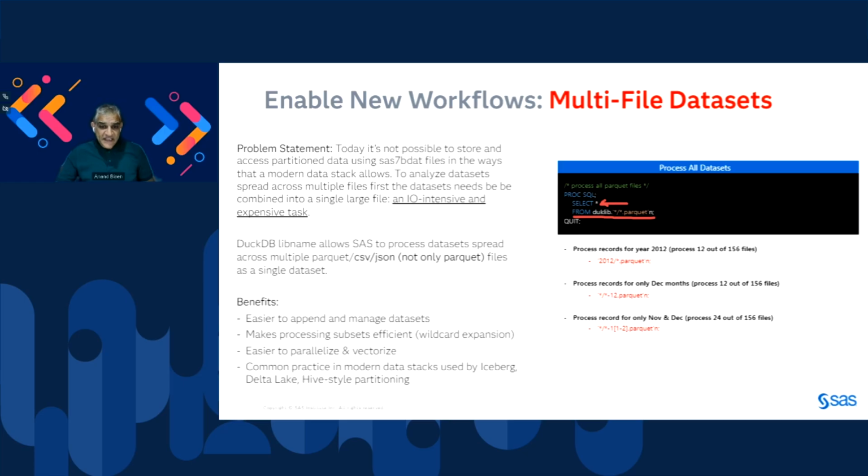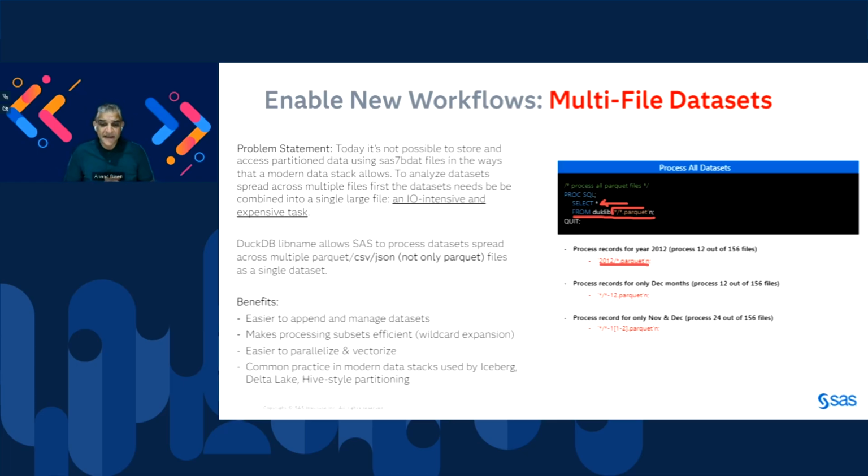But now if I change this part with 2012/star.parquet, from the get-go I have eliminated reading or even scanning 92% of the data sets, and I can just operate on the 12 files that are of interest to me. And you can get really creative with different kinds of analysis.